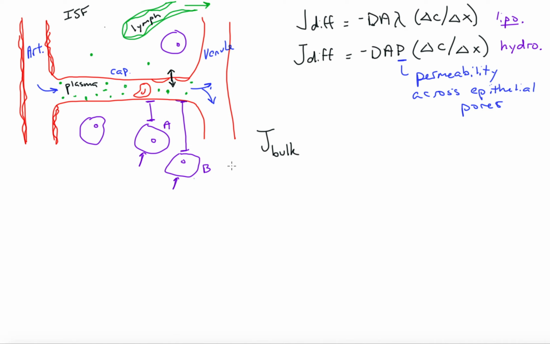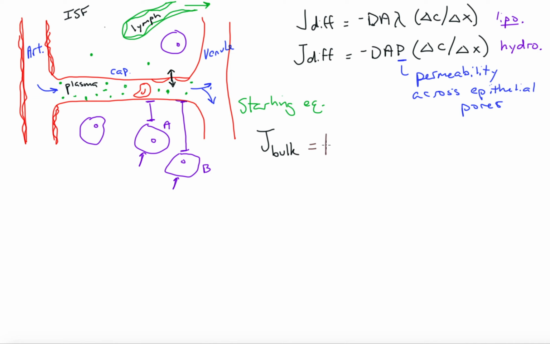So the J bulk equation is the Starling equation. Starling. Right? And what we get here is J bulk equals, it's a little ugly, and again, we're not going to literally use the equation, but it does lump together the factors that we need to understand bulk flux.